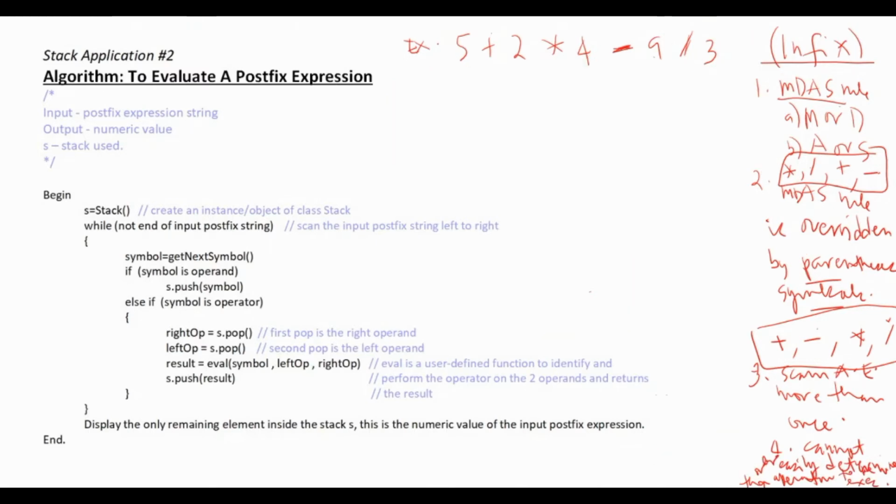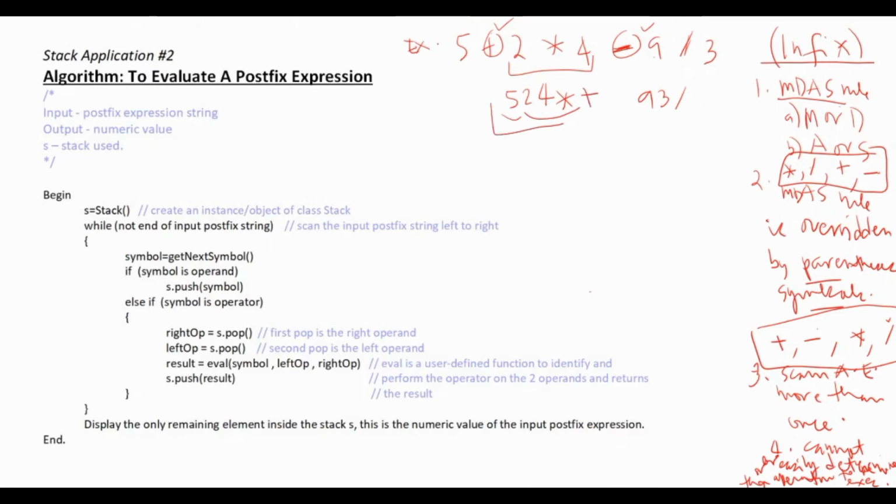So what if we convert this to postfix expression? This would now be 2, 4 times, and this is 9, 3 divide. So what's left is the plus and the minus. This is performed first before the minus. So this would be 5, left operand, right operand of the plus or addition.